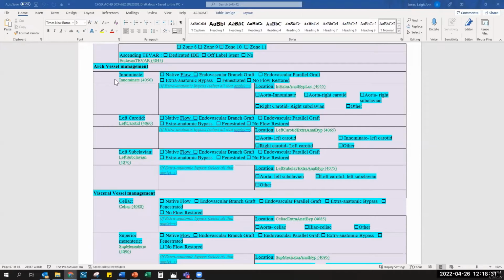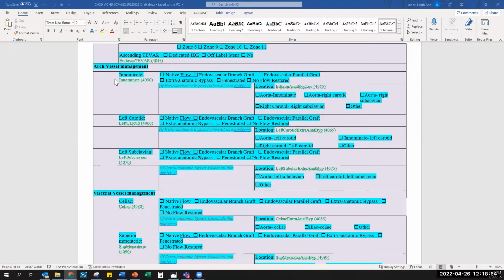The second choice is endovascular branch graft. So this could be an open or a covered stent that is used to hold the margin of the stent away from the orifice of the branch artery and preserve a channel for branch artery perfusion.